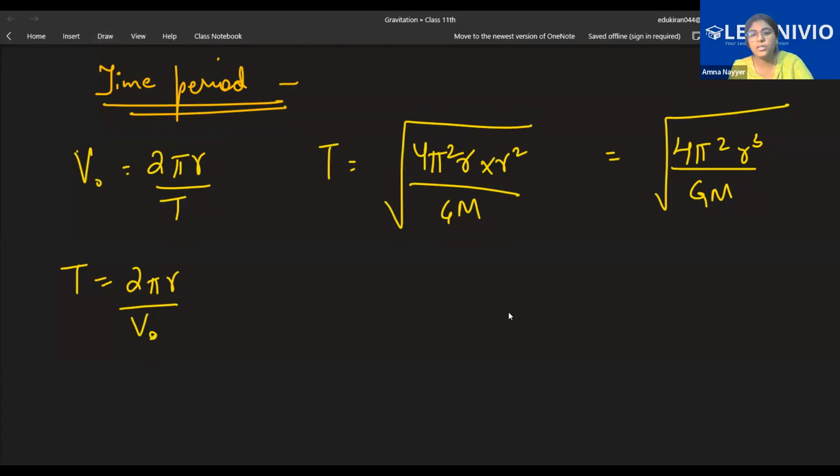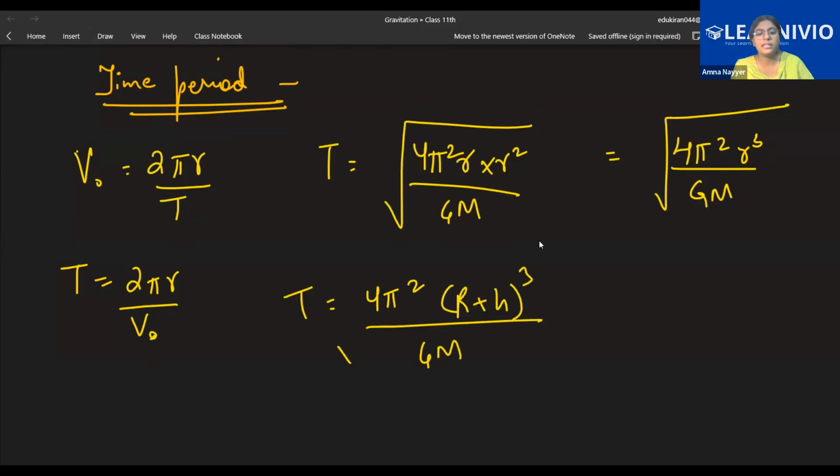When we are talking about the time period, let's put this as r plus h: 4 pi square r plus h whole cube by capital G into capital M, under root.